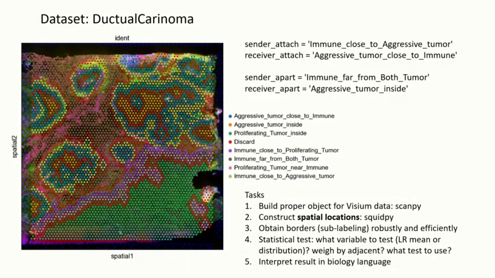The most recent development we are doing is to look at the spatial information about the location of those expressed sample cell types. For example, these green dots are from a cancer tumor, okay? Tumor cell type.